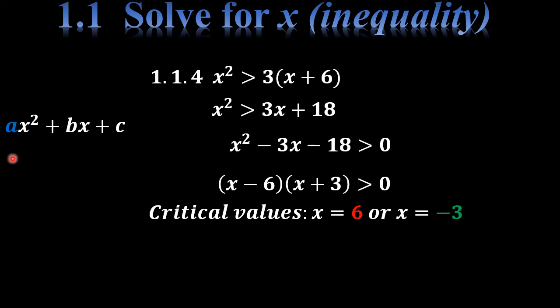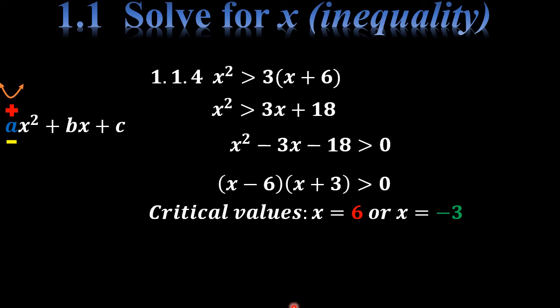What determines that is the value of a. You can see that our a here is 1, because if you have nothing here, it means it's 1. So my 1 here is positive. Your a is either positive or negative, and if it is positive, your graph will look up.